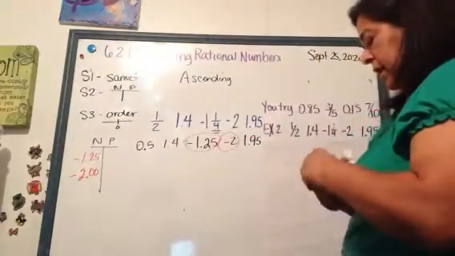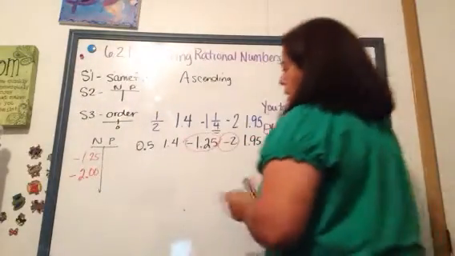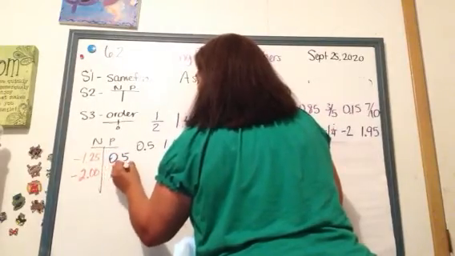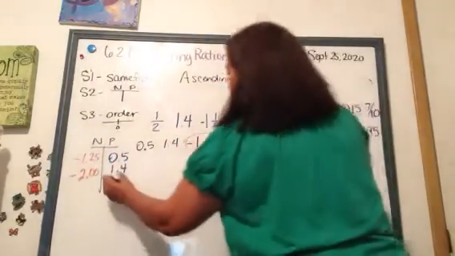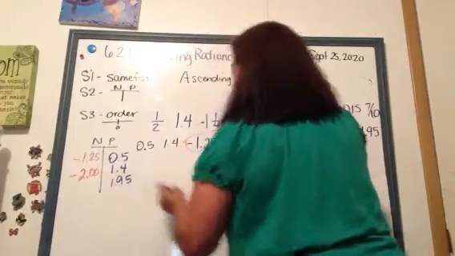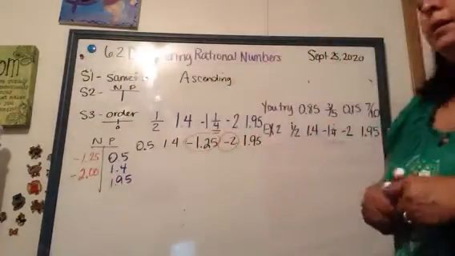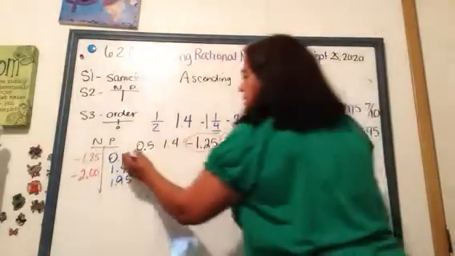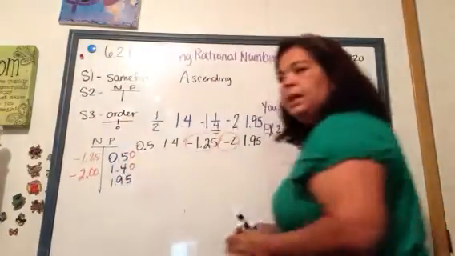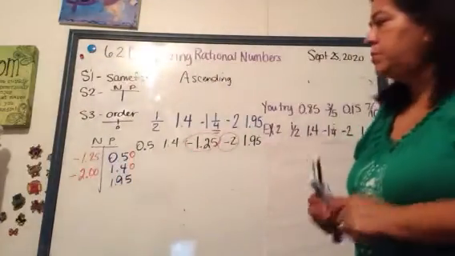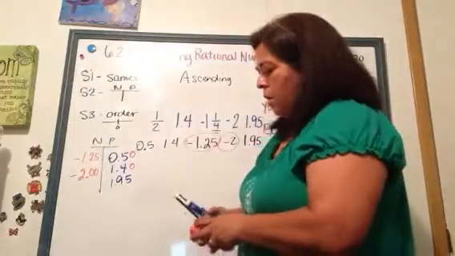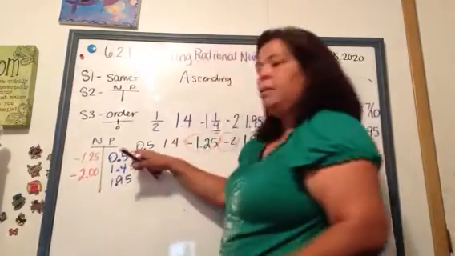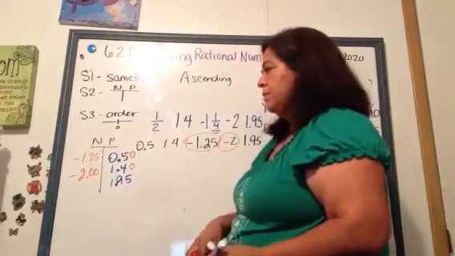On the positive side, I have 5/10, I have 1 4/10, and I have 1 95 hundredths. Oops. Are you telling me I forgot to do something? I need to go back and add my zeros. That's right. I want to put those zeros as placeholders because it's easier to compare when I have the same amount of digits behind the decimal.